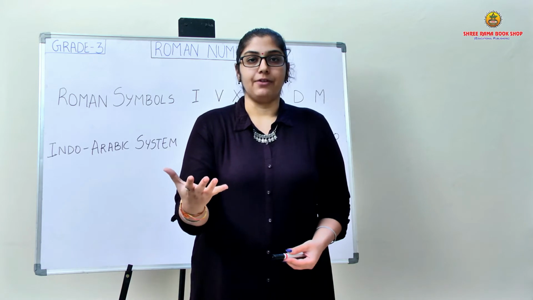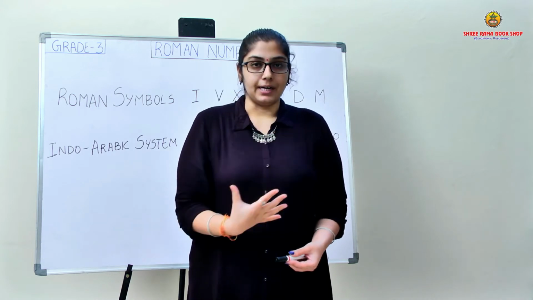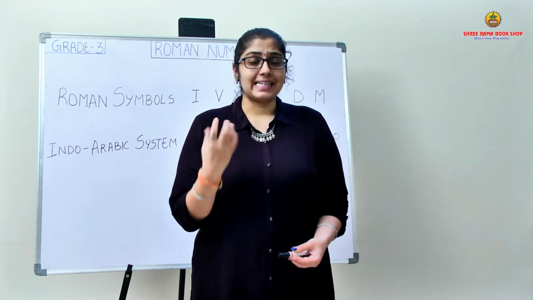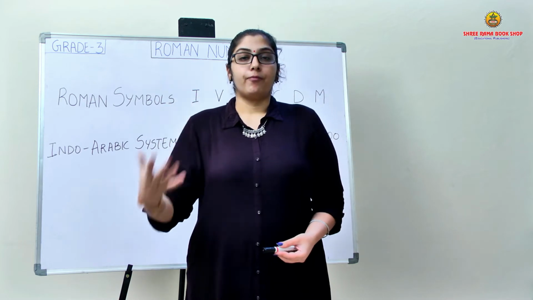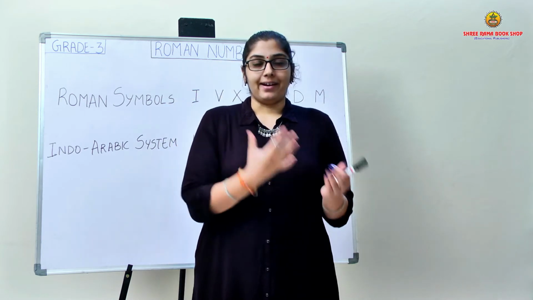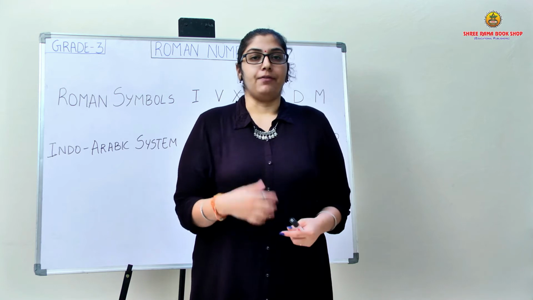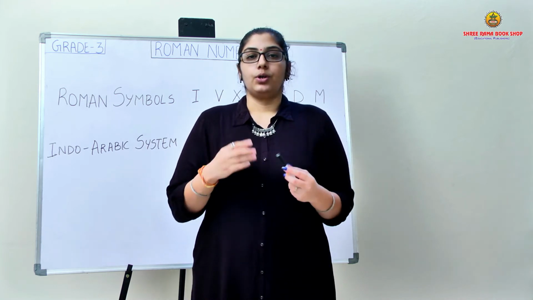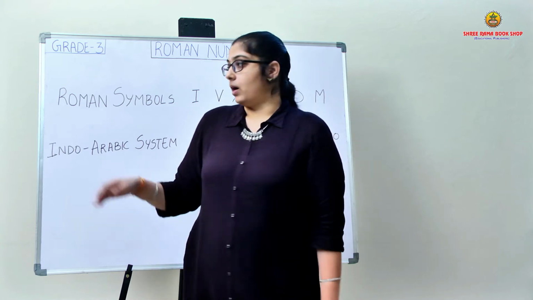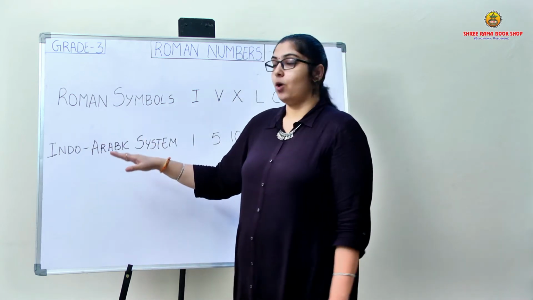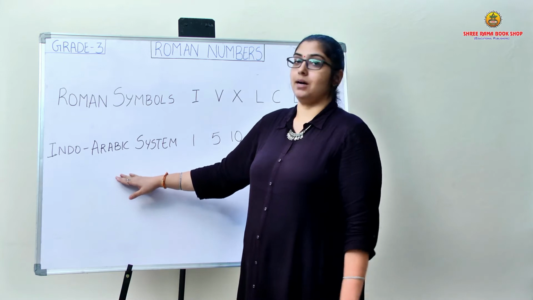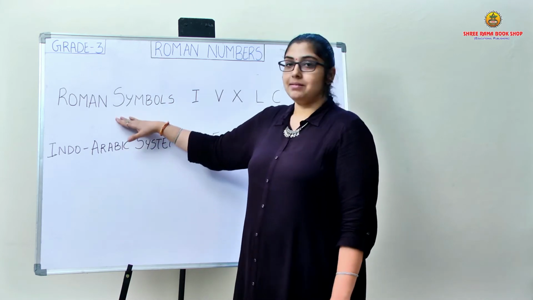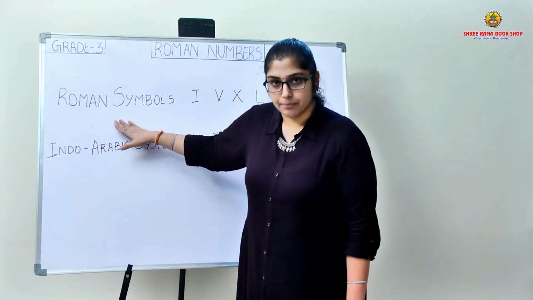There are basically 7 different symbols which we arrange, add and jumble to form different numbers in Roman numbers. So today we'll be learning about what the Roman symbols are and how they are represented in our Indo-Arabic system.